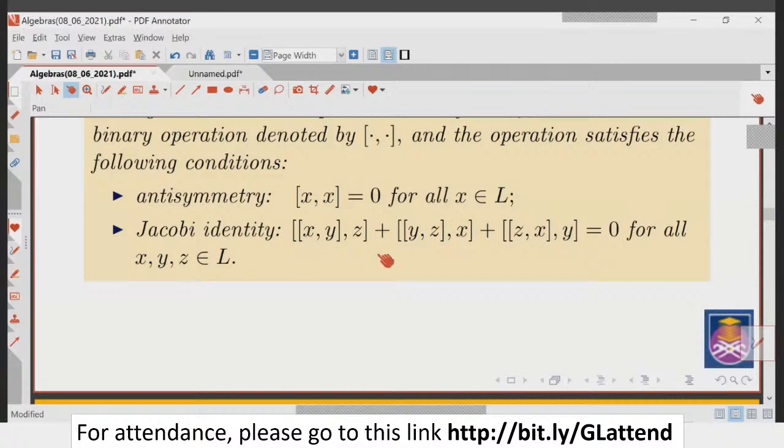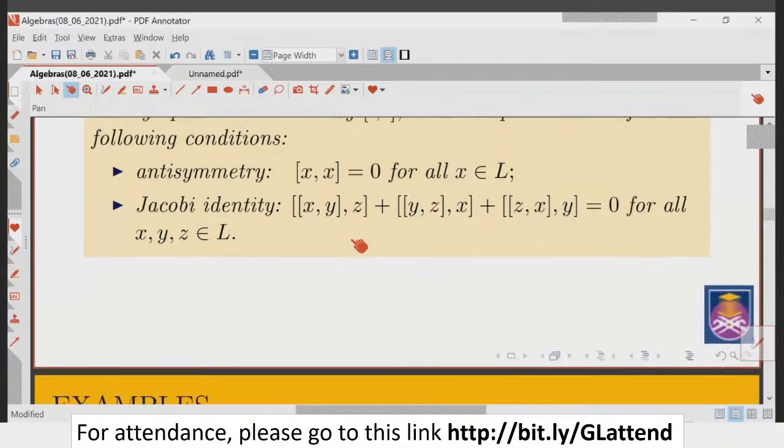This is the Jacobi identity. It can be written in terms of a right or left multiplication operator, which is a differentiation. Last class we discussed it.